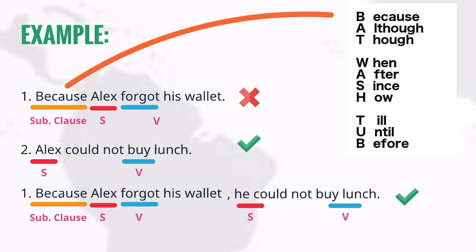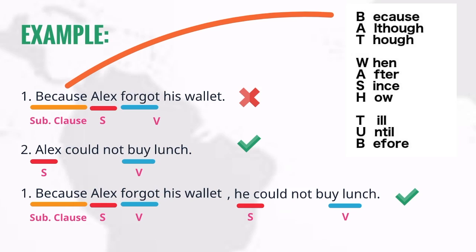If we go ahead and link it with an independent clause, remember, which is just another word for simple sentence, it's Alex could not buy lunch. So Alex could not buy lunch is an independent clause. That's the father or the mother and could take care of a dependent clause, which is the because Alex forgot his wallet. So if we merge these together, we can make it work, right?